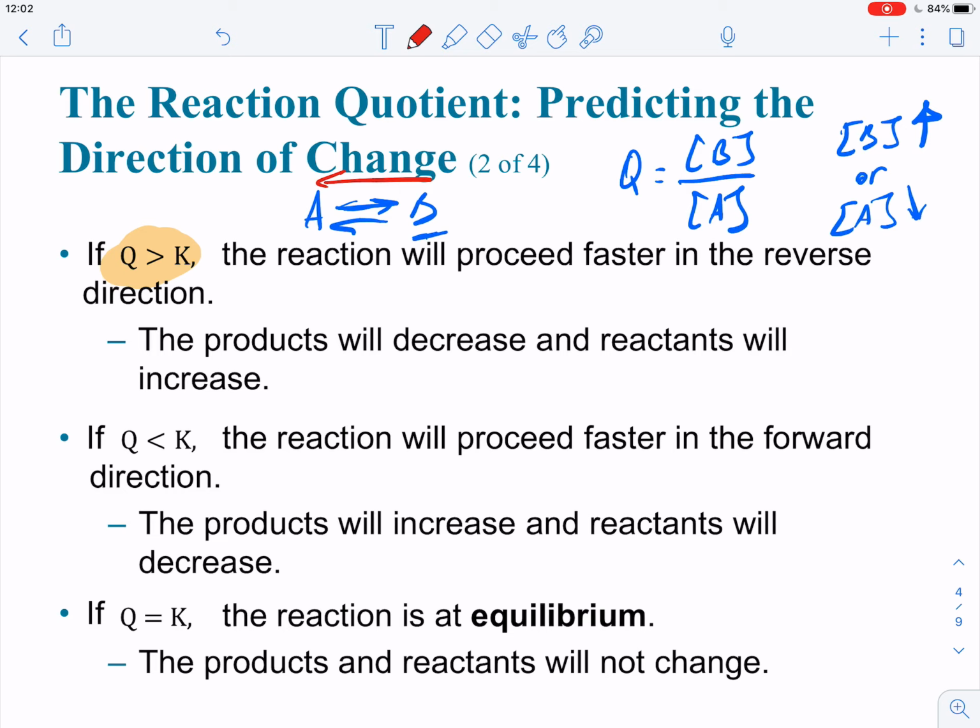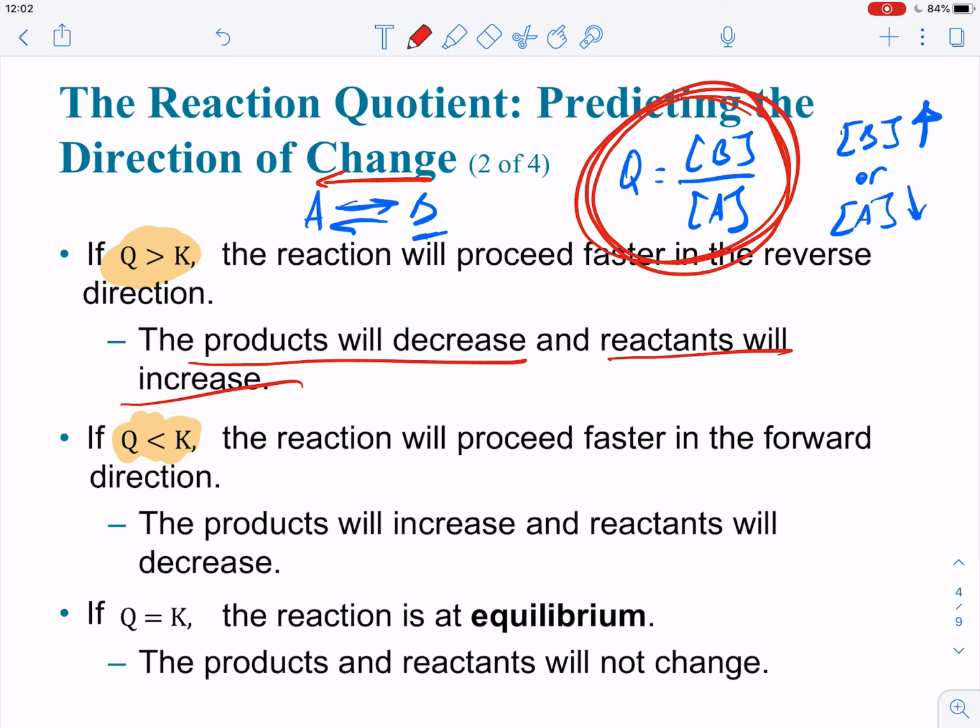So therefore, products will decrease, reactants will increase. Now, if you have Q less than K, let's focus again here. If Q is less than K, it means that either B is too small or A is too large.